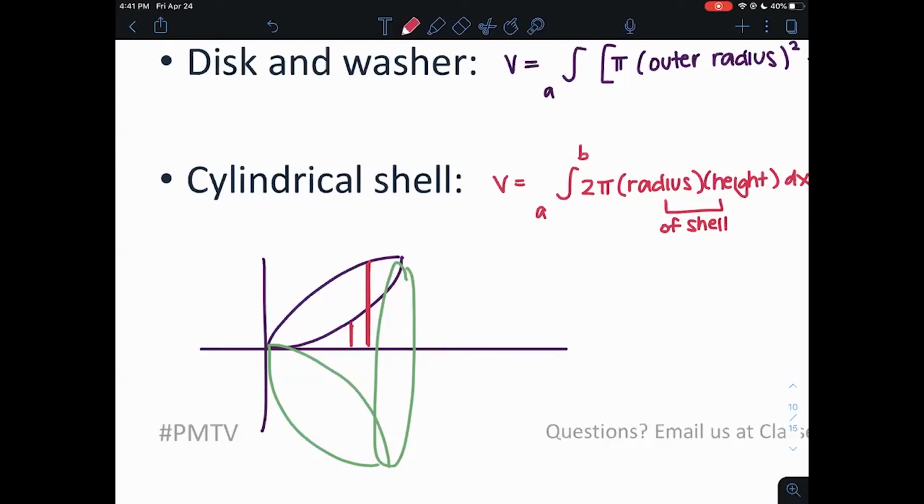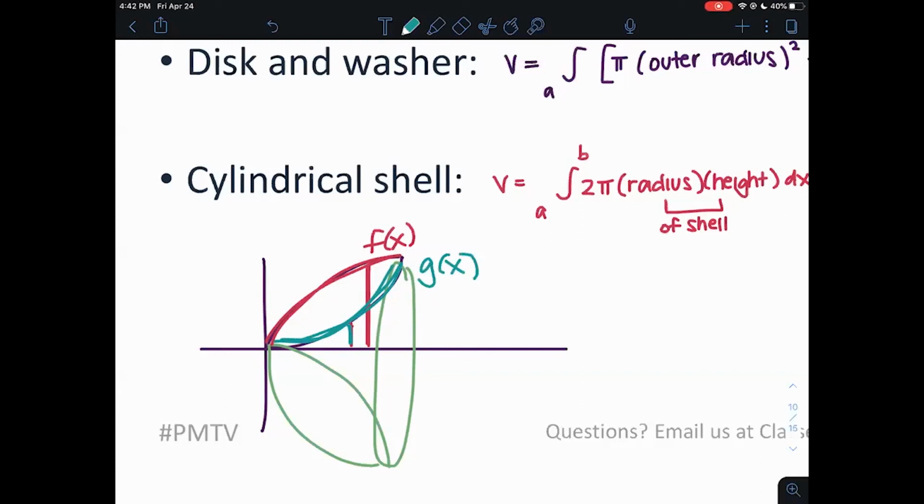The outer radius has a height equal to whatever this function value is. The inner radius, the radius of the inner circle, has a height equal to whatever this function value is. I'll just call that one g of x.